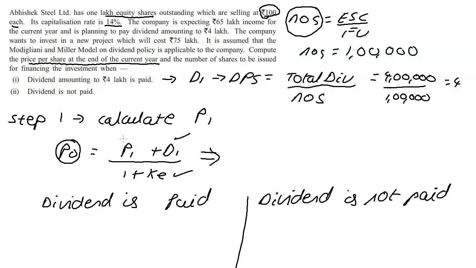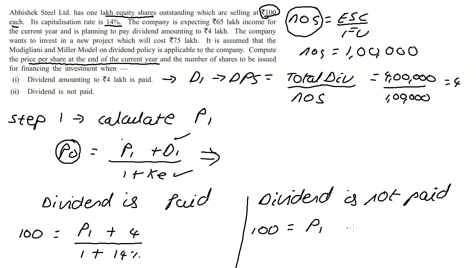And now we're in a position to get P1. So we have 100 on the left hand side. P1 we do not know. In the first case, when dividend is given, the dividend is 4 upon 1 plus KE, and the KE that we have is 14%. I'm just going to write 14% as it is.